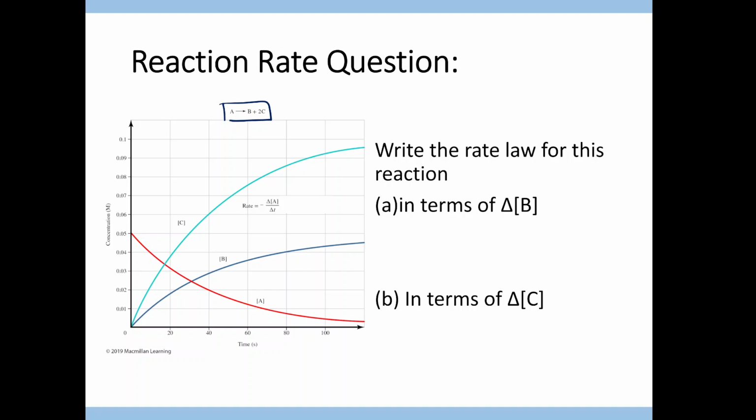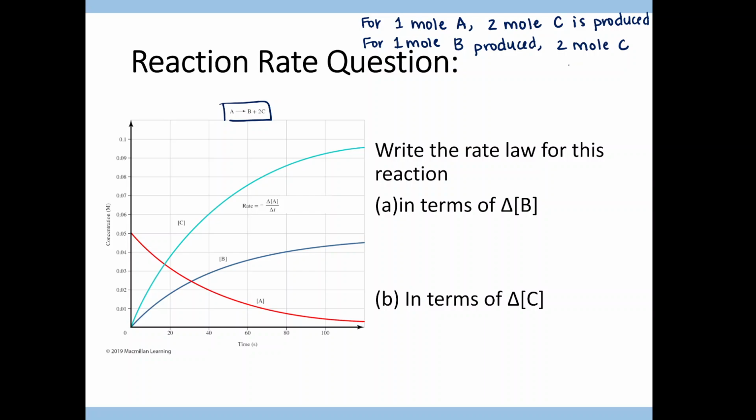So this means for every 1 mole of A, 2 moles of C are produced. We can say for 1 mole of A, 1 mole of B is produced, or for 1 mole of B produced, 2 moles of C are produced.